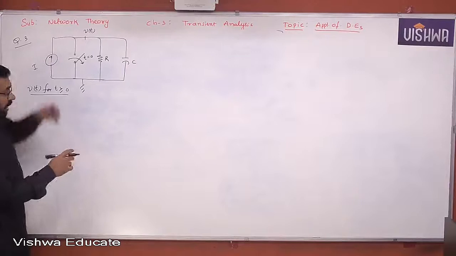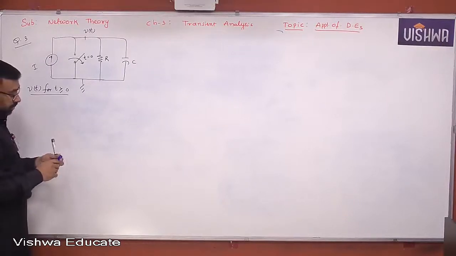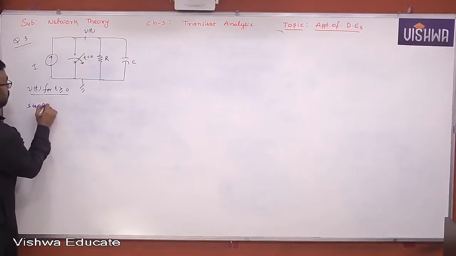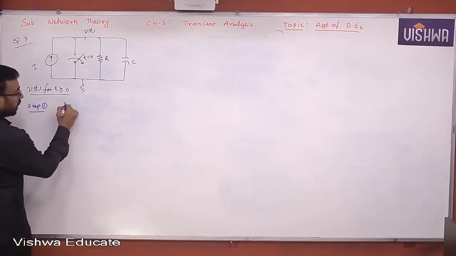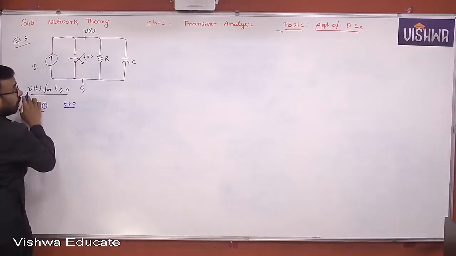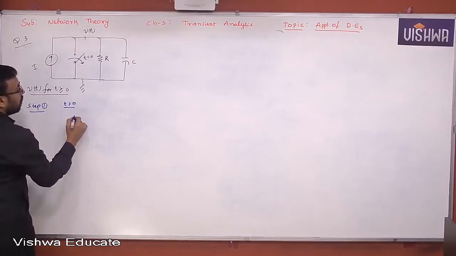So what is the procedure again? Let's go step by step once again. Step 1, obtain the differential equation for t greater than 0. Using KCL, because voltage is the variable you want, let us apply KCL or node analysis. What do you get here?